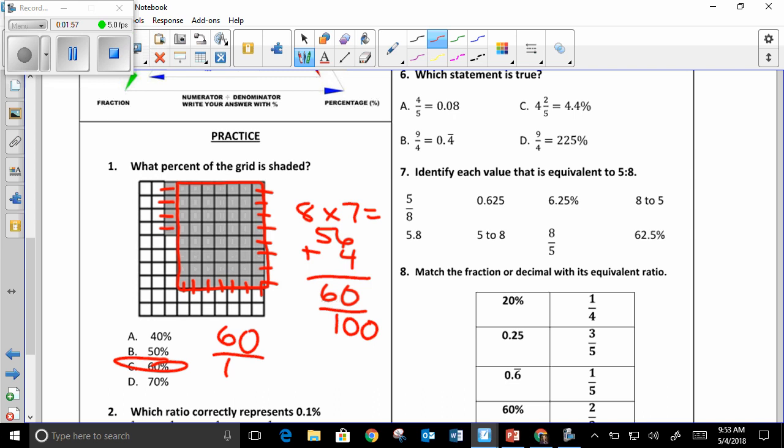You could also reduce that. It's also 6 what? Tenths. You could reduce it again and divide by 2, which you would get 3/5. You can also change that to a decimal, which would be 0.60 or 0.6.